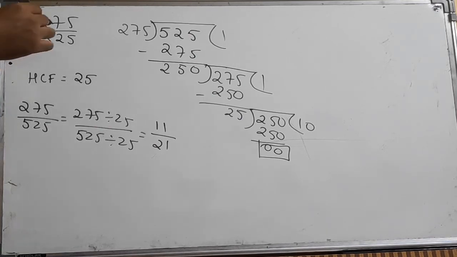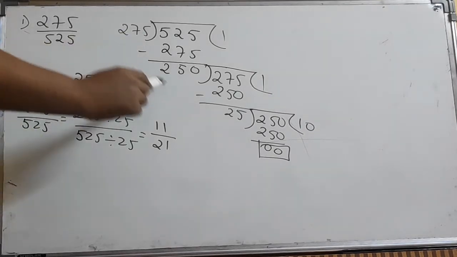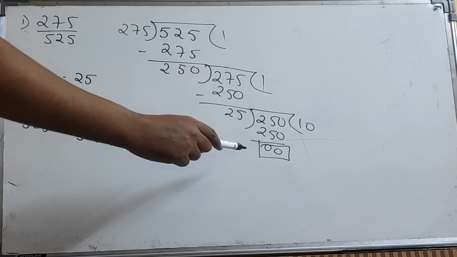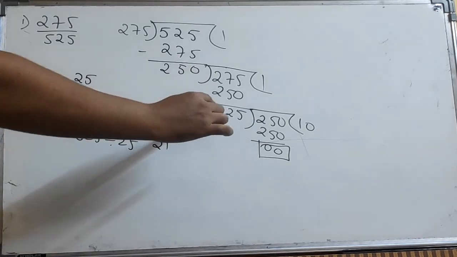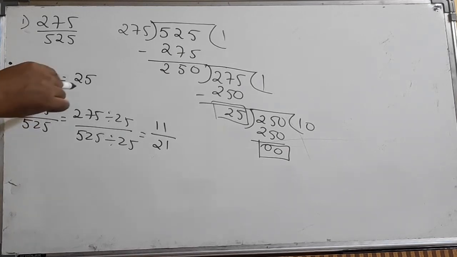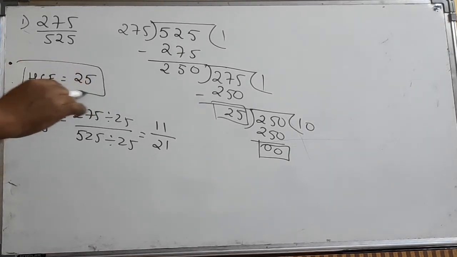Okay, 275 upon 525. So how do you reduce it? By division method. How you're going to do it? Divide the greater number by the smaller number until you get the remainder 0. Once you get the remainder 0, the last divisor becomes your HCF. So your HCF is 25.